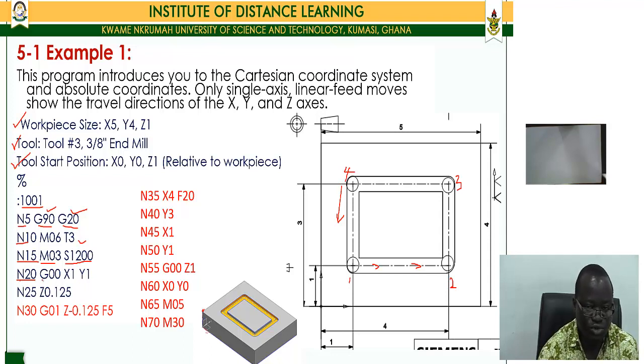Now line number 20 gives us a rapid movement, which is a G00 command, which is commanding the tool to move from wherever the tool is to this position, and it's a rapid movement. So we command the tool to move into position X1, Y1.